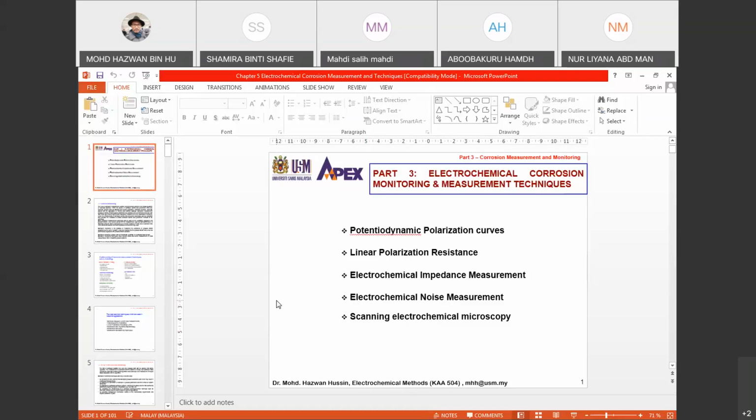Probably we have seen a few examples in potentiodynamic, or especially the polarization methods. But further on, we will explain more details on what will be the types of curve that you will get and how actually you are going to discuss the results that you obtain later on.